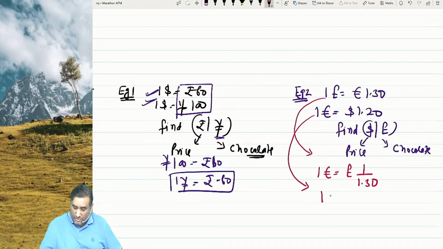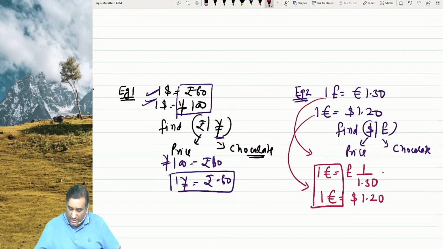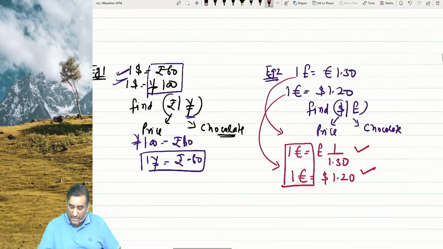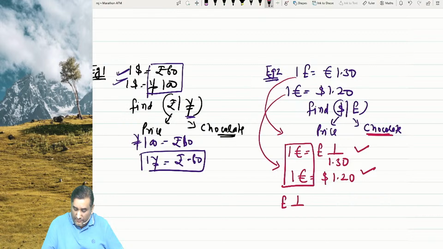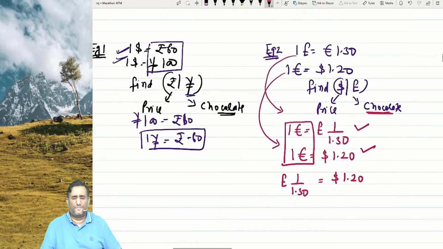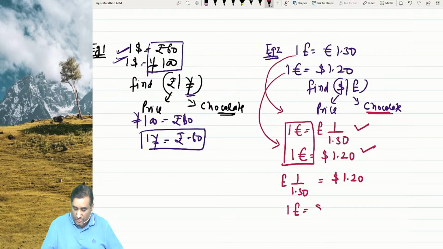Second quotation, euro is already on the left hand side, 1 euro is equal to dollar 1.2. Since left hand side is same, right hand side would be same, and we know the chocolate has to be pound. We say 1 divided by 1.3 pound is equal to dollar 1.2. In this case, 1 pound is dollar 1.2 into 1.3, that comes to 1.56.